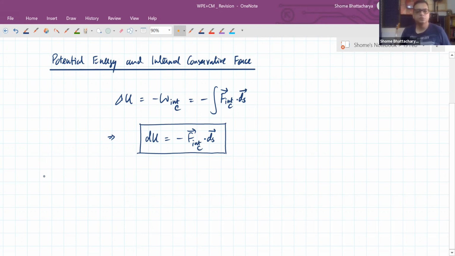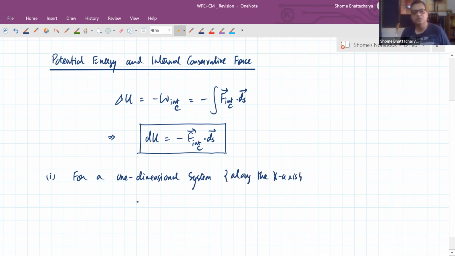Okay. So suppose we have a one-dimensional system, let's say along the x-axis.